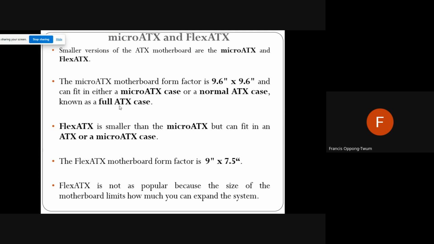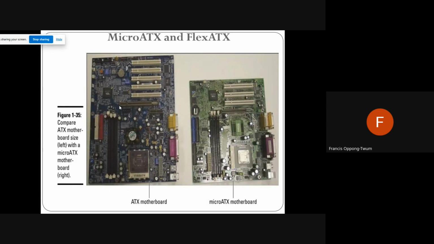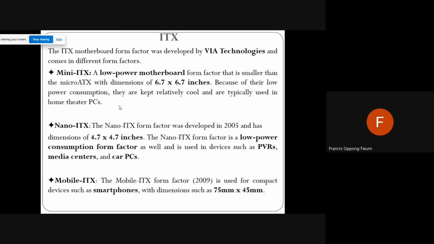The Flex ATX motherboard form factor also has its own dimensions. What we have to take into consideration is that the Flex ATX is not as popular because the size of the motherboard limits how much you can expand the system. This is a typical example of the micro ATX and the Flex ATX motherboard for you to see. This is a sample picture that you can also look at.